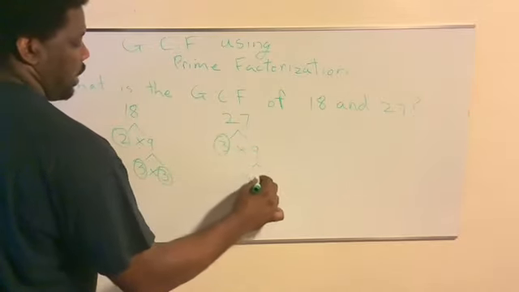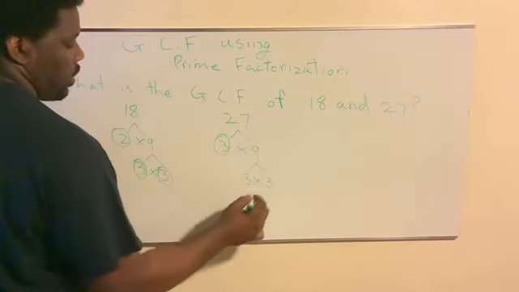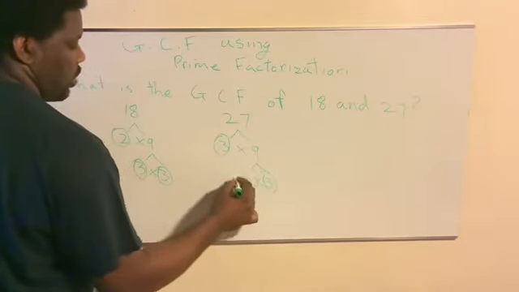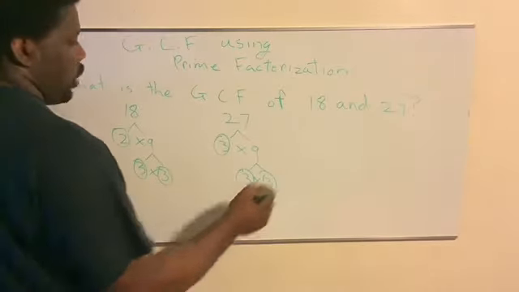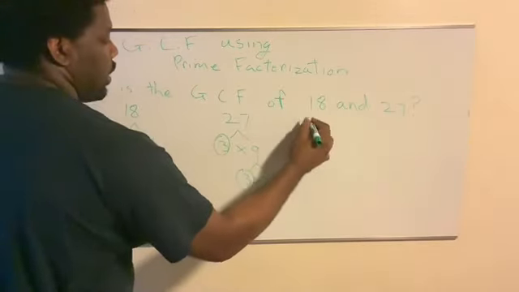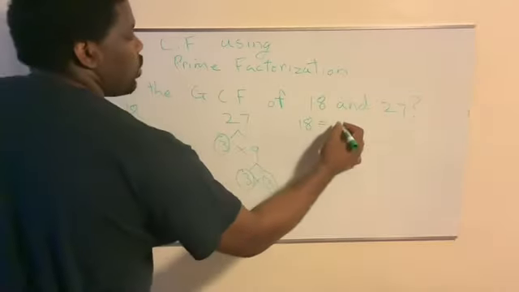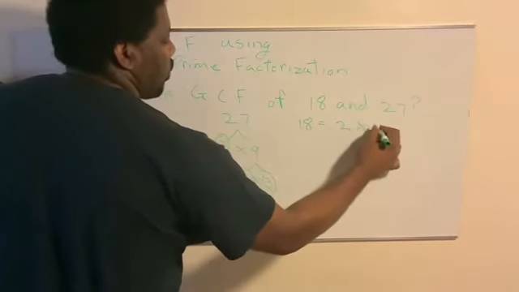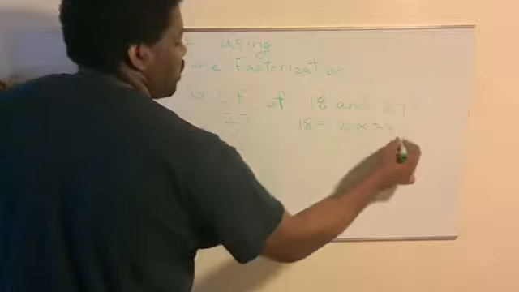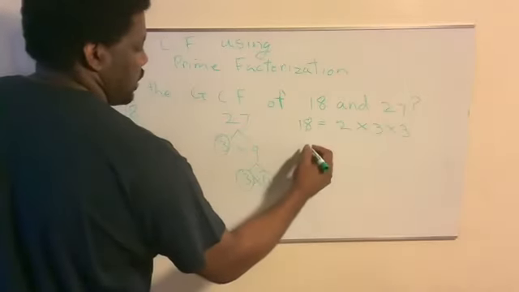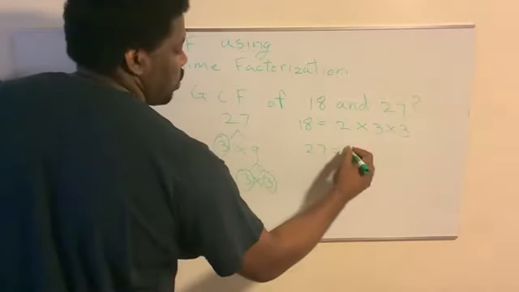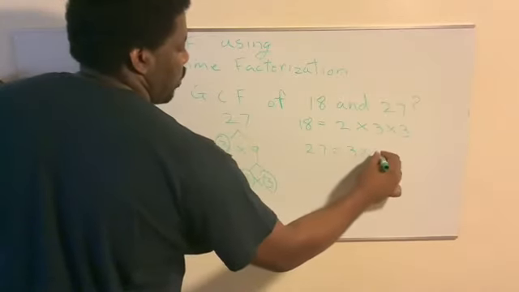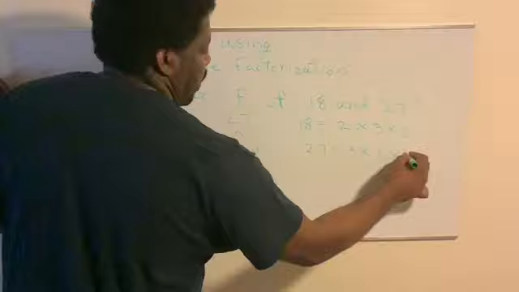And 3 times 3. So I'm going to see the prime factors that they share. 18 is equal to 2 times 3 times 3. And then 27 is equal to 3 times 3 times 3.